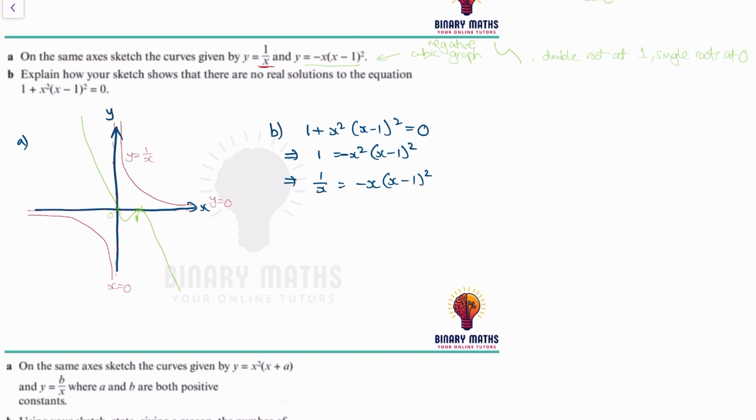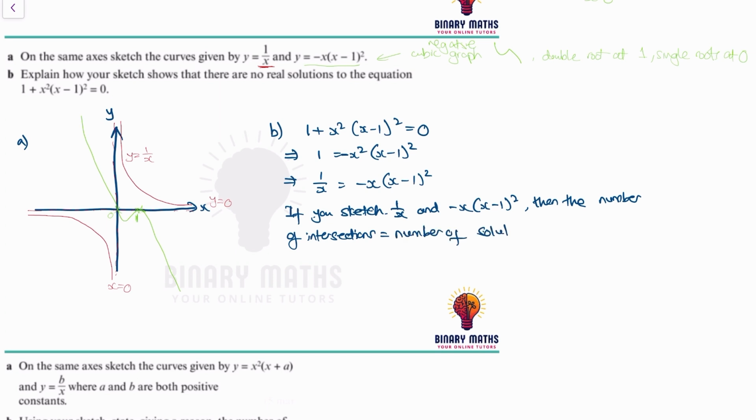Now if I were to solve it graphically, if you sketch both sides of the equation, then the number of intersections tells you how many solutions there are. So if you sketch 1 over x and negative x times x minus 1 squared, then the number of intersections is equal to the number of solutions to 1 plus x squared times x minus 1 squared equals 0.